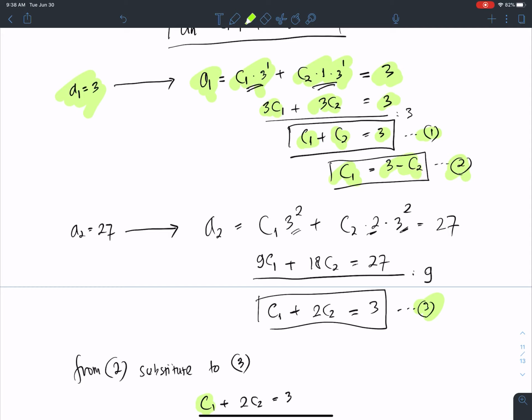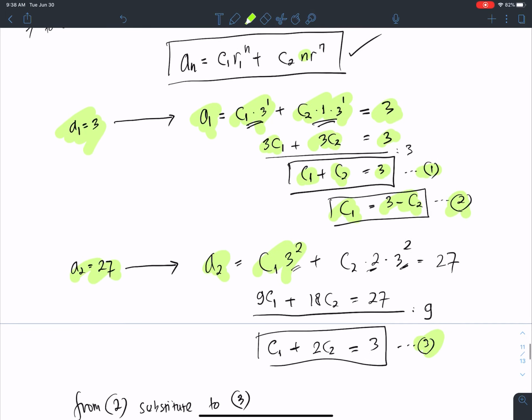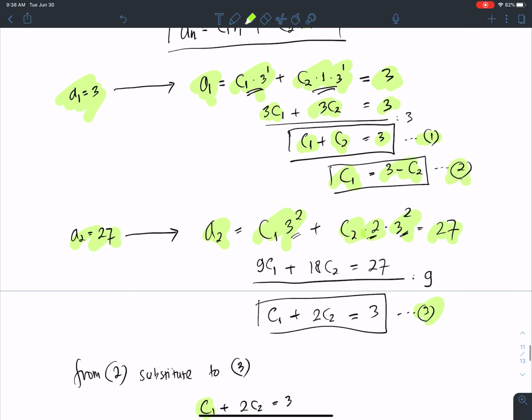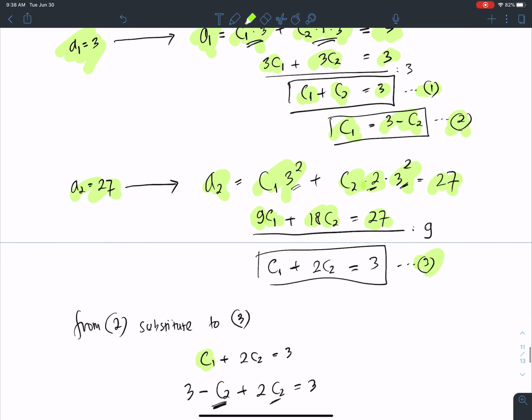Start with A2, 27, and then A2 is c1 times 3 to the power of 2, yes, correct. c2 times 2 times 3 to the power of 2, also correct, no problem, equal to 27, right. 3 to the power of 2 is 9, c1 times 3 to the power of 2 is 9, times 2 is 18, correct, 27, correct.